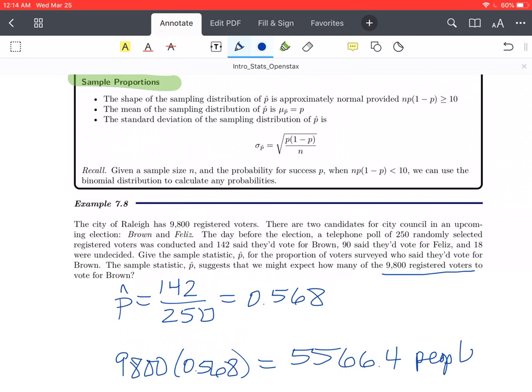Now, obviously, we could round this to the nearest person, right? So, say 5,566 people. You could round up if you want, to make it the next whole person, say 5,567 people. But anyway, we're right in that value. So we can use the proportion to estimate values for larger data sets. And this is oftentimes why we like working with these different statistics.